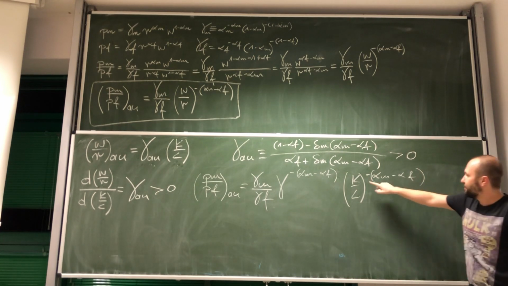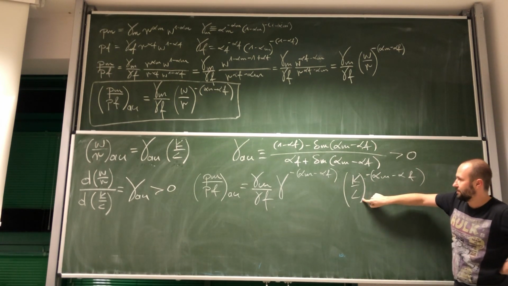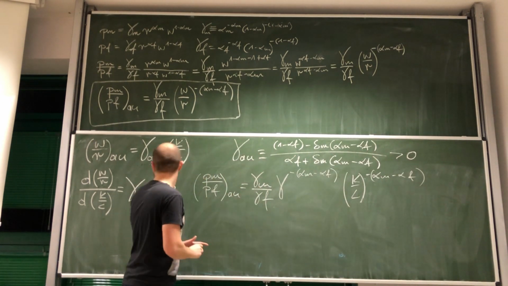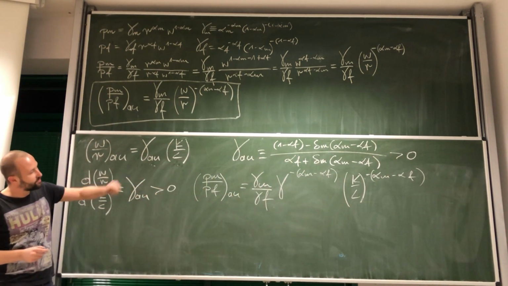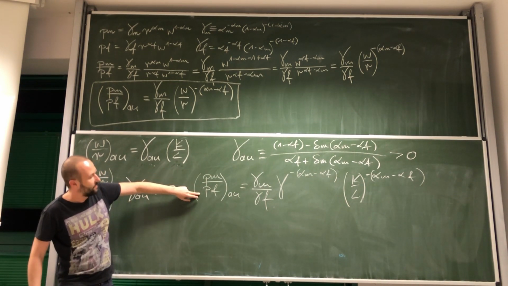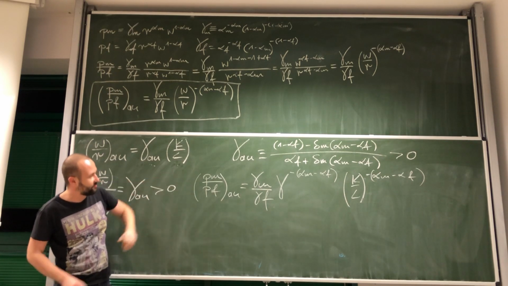Now if the capital to labor ratio is going to go up, what is going to happen to the ratio of prices of manufacturing to prices of food?